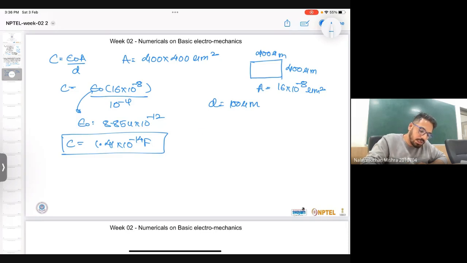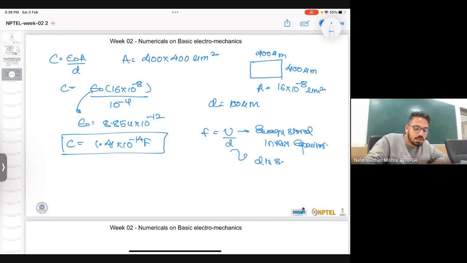And how will you calculate the force? The force can be written as U by D, where U is the energy stored in this capacitor and D is the separation.